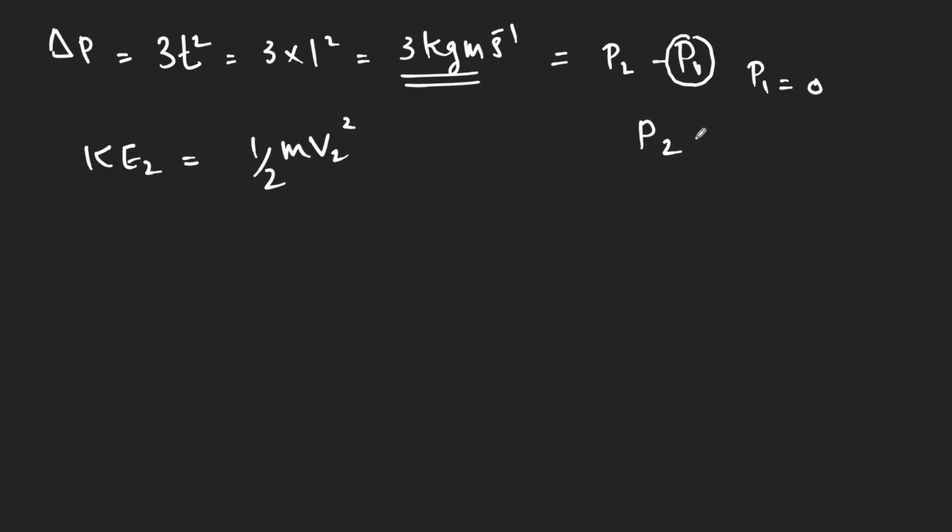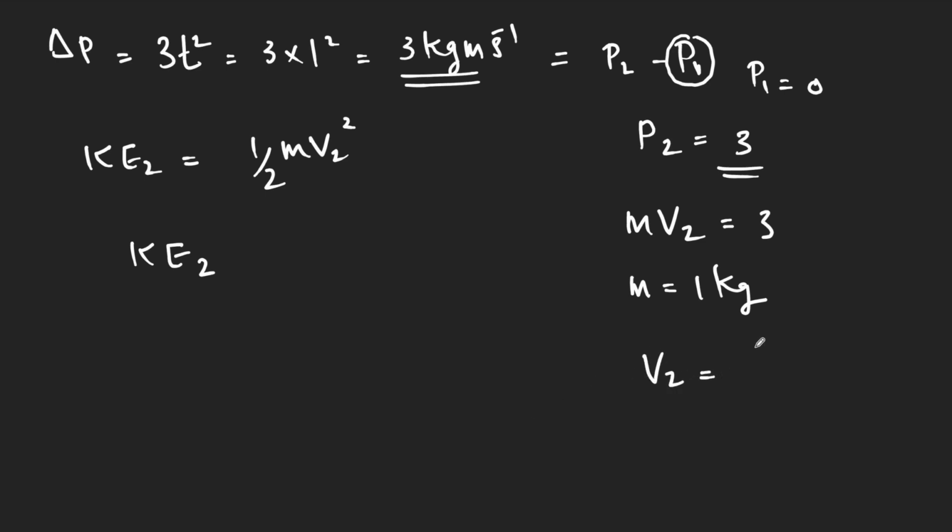That means P2 is equal to 3, right? What is P2? P2 is m v2, so m v2 is 3. For the kinetic energy at 2, we know m is equal to 1 kg. So the velocity at 2 must be 3 meter per second.